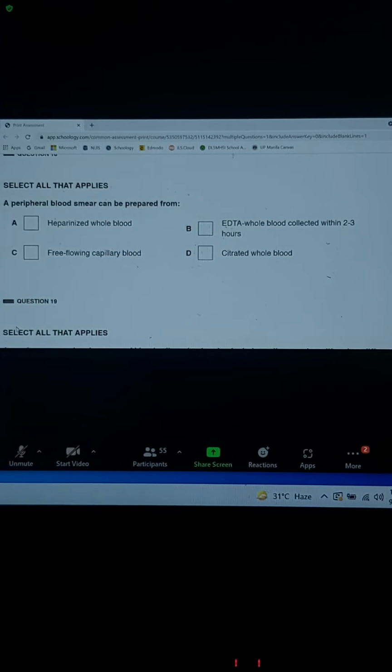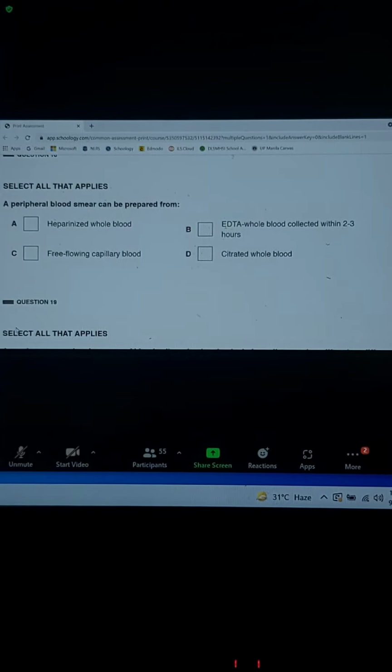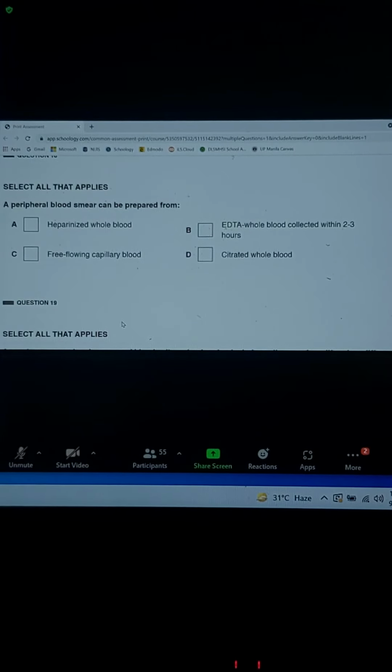Free-flowing capillary blood. So, pwede din tayong kumuha ng smear. Pwede tayong gumawa ng smear from capillary puncture.